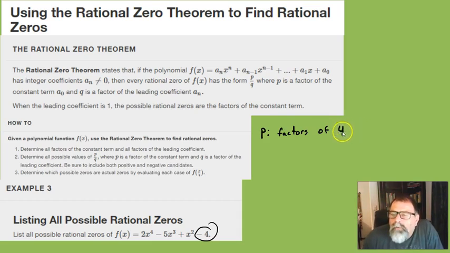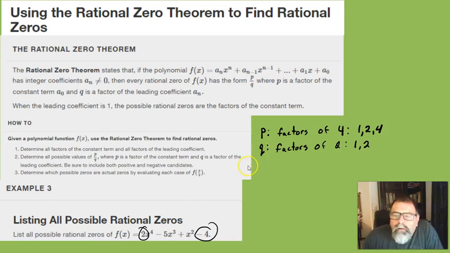So factors of 4, basically that's 1 times 4 and 2 times 2. So 1, 2, and 4 are the only factors. Q is factors of the leading coefficient. So the leading coefficient is just 2. And then it's just 1 times 2 and nothing else. So just 1 and 2.